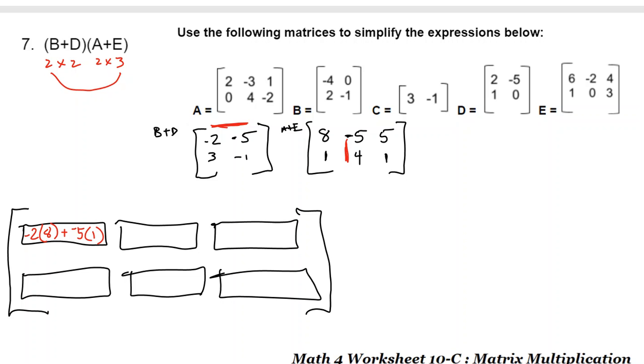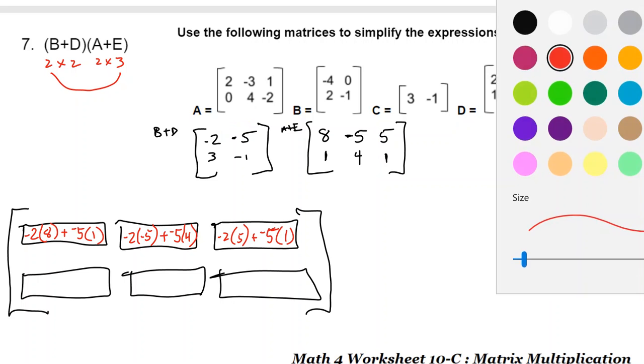Negative 2 times negative 5, and negative 5 times 4. And we go negative 2 times 5, and negative 5 times 1. And we are done with the top row.